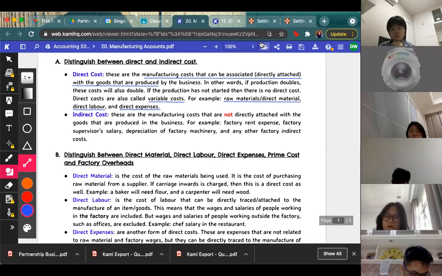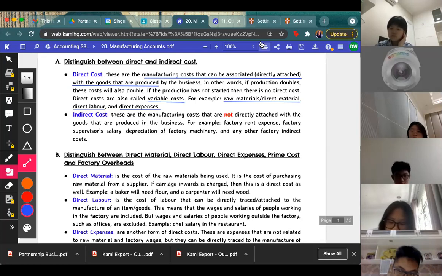Or let's say you are producing a book, you are a publisher. Then you need to pay royalty to the author. That royalty is not related to materials or labor. So direct expense is expense that is directly attached to the goods and it is not related to material as well as labor.